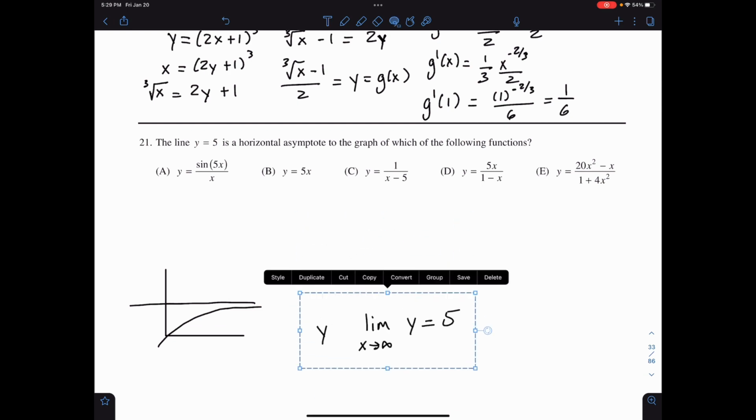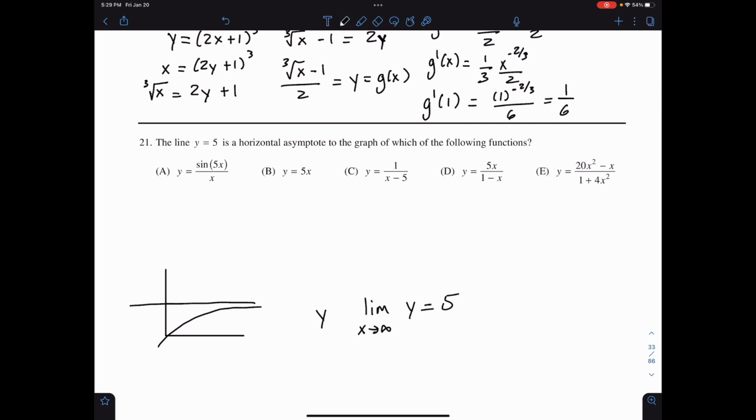So let's solve these limits. For the first equation, we have sine of 5x all over x. Now a sine function has a max and a min. It doesn't get very large, but x in the denominator will get very large. So the limit here as x approaches infinity would come out to be 0, because x would get really large and the sine would stay as some periodic value.